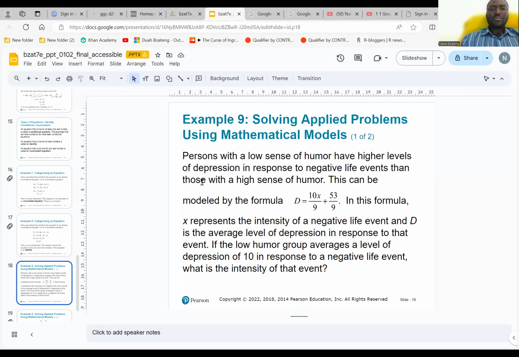It says persons with a low sense of humor have higher levels of depression in response to negative life events than those with a high sense of humor. And this can be modeled by the formula D is equal to 10 divided by 9 x plus 53 divided by 9. So let me write down this equation on our board.